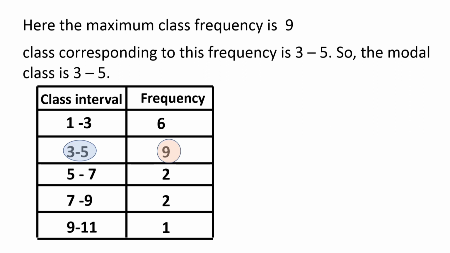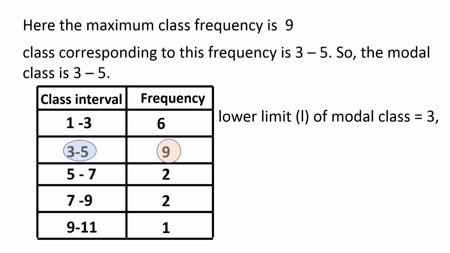Here the lower limit of the modal class is 3. Class size is 2 because 3 minus 1 is 2, 5 minus 3 is 2, 7 minus 5 is 2.